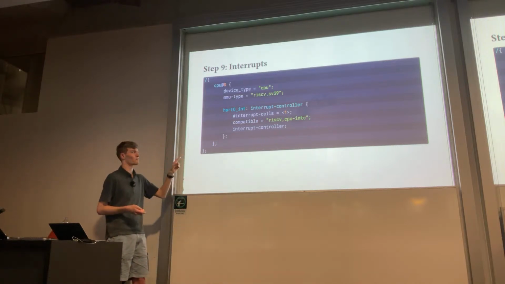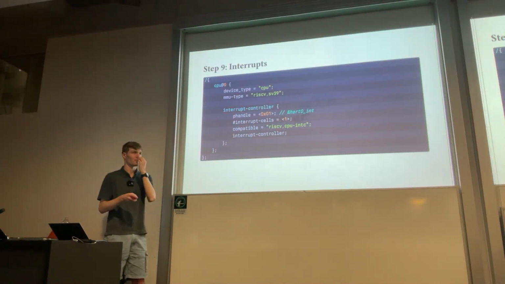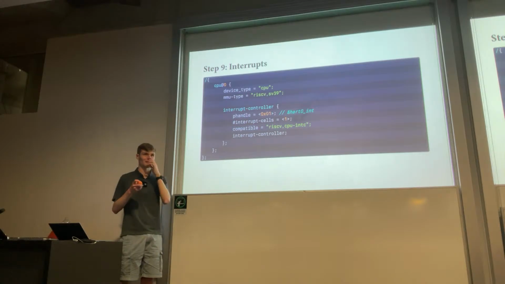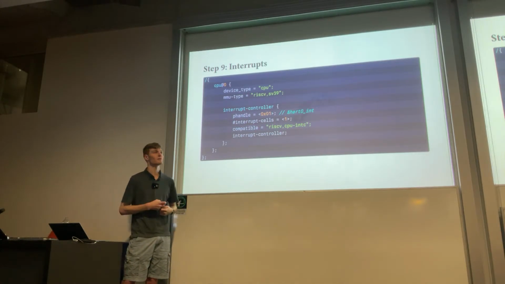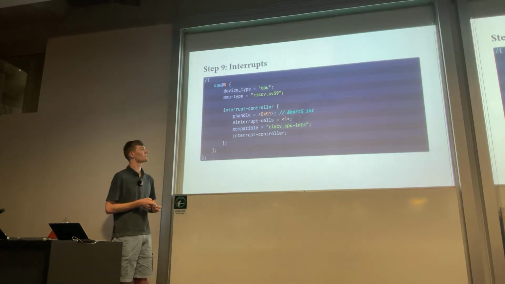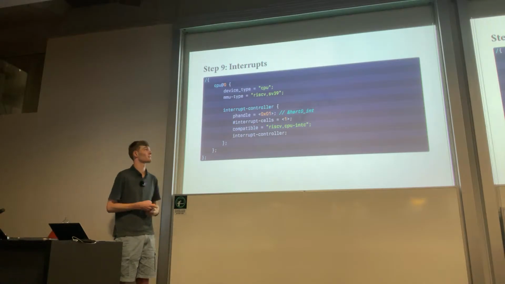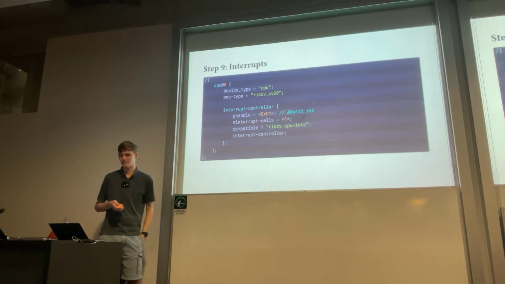It is syntax sugar for an extra property called phandle. All of the labels get different phandle attributes within the device tree, and it's just syntax sugar to make writing them nicer. In this case, our interrupt controller has a phandle of hex 1.